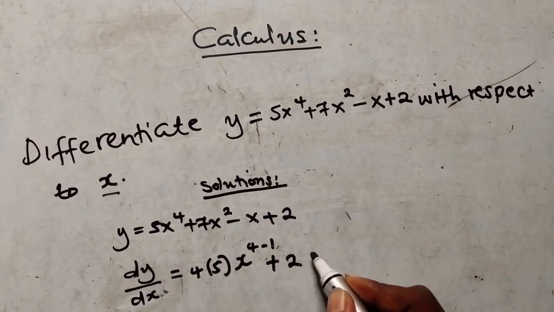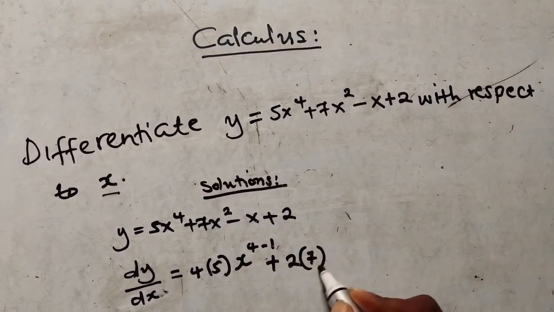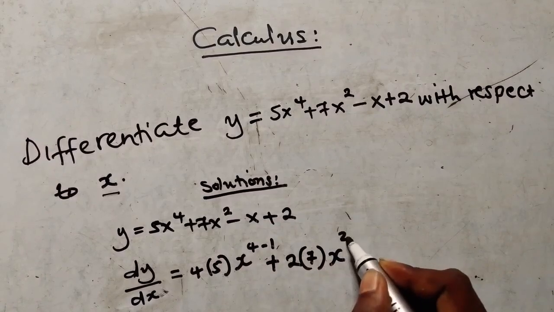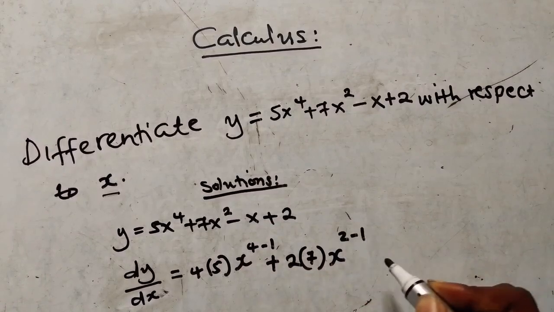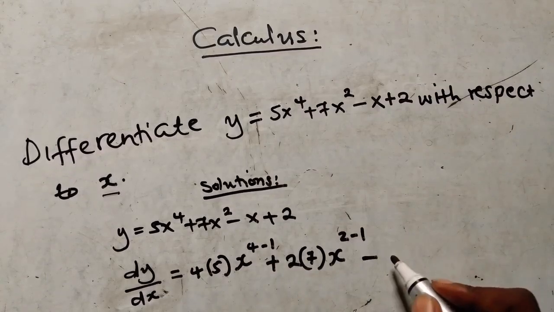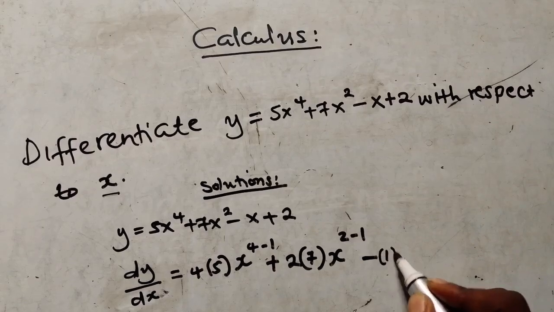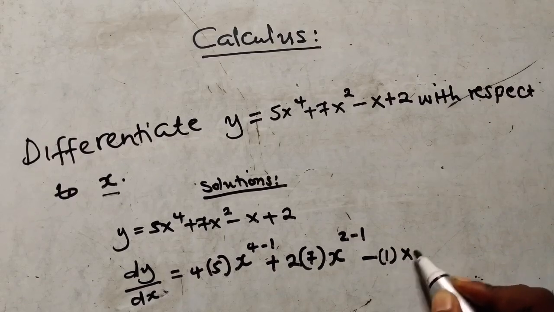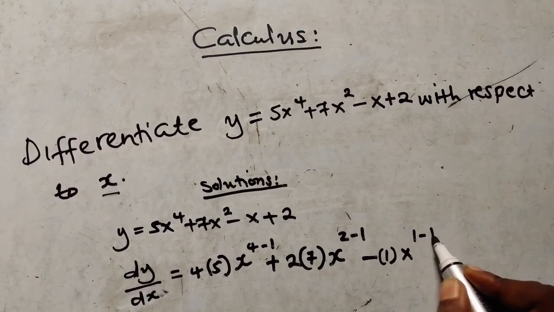We're going to have 2 times 7, then x to the power 2 minus 1. Then again, we only have the variable x here, so there is power 1. So we're going to say 1 times x, then 1 minus 1.